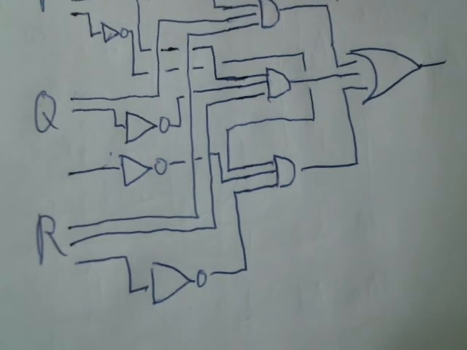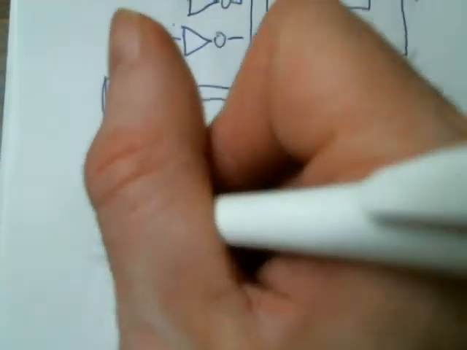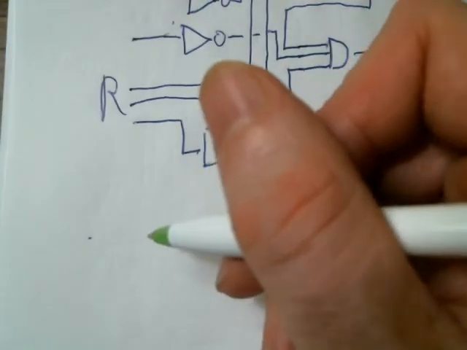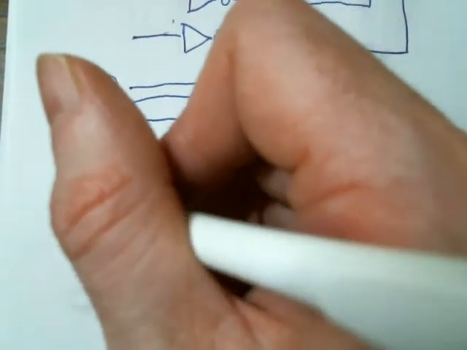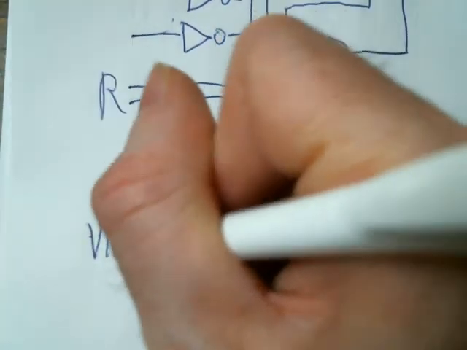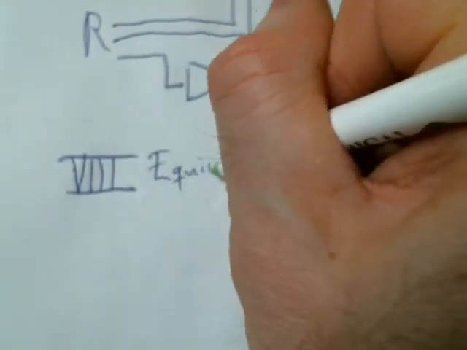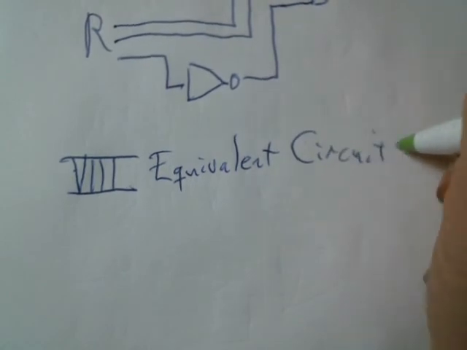Right. So we could do that then using our equivalence statements. So De Morgan's rule, identity rule, all that stuff. We could use that to simplify, right? So equivalent circuits now. So section, I think it's 8, equivalent circuits.